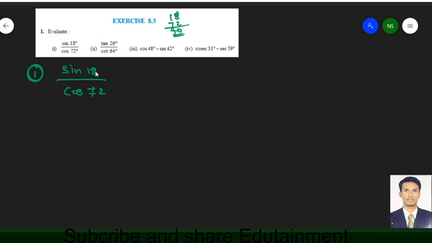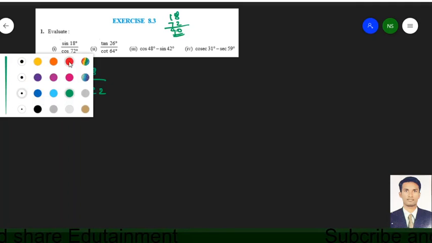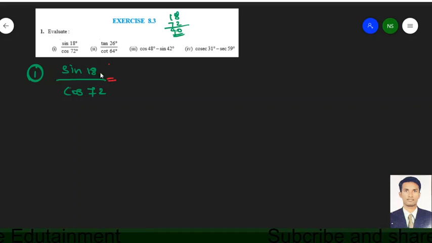So instead of sine 18, I can write cos 90 minus 18, which is cos 72. So I will change this one a little bit, either numerator or denominator, and I will solve. This sine 18 I can write as sine of 90 minus 72, divided by cos 72.